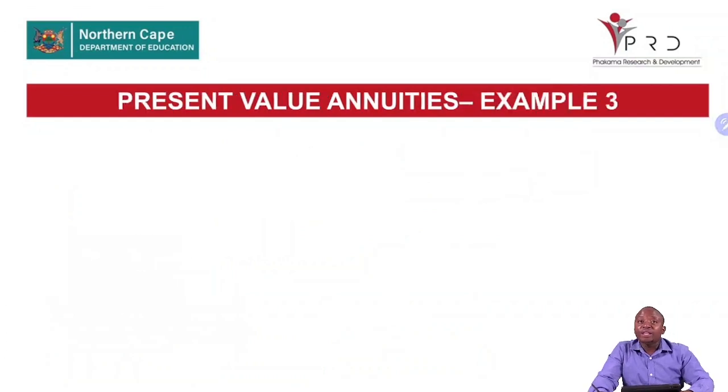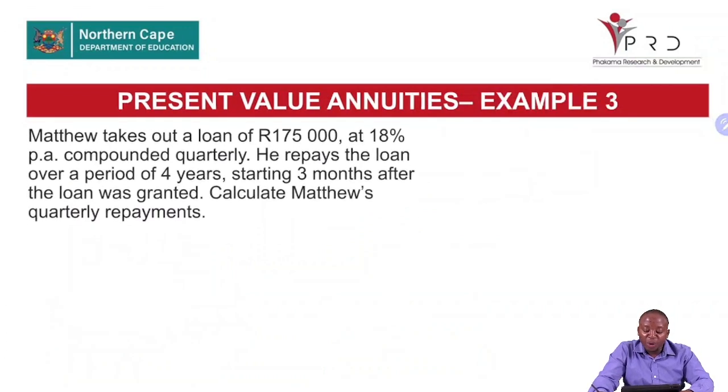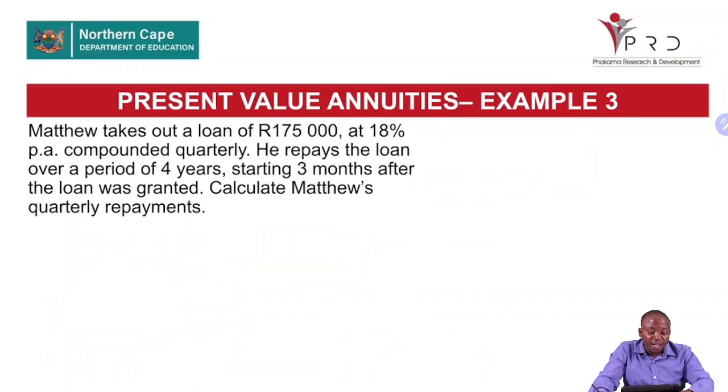Now, let us look at the example on the present value annuities. We are told that Matthew takes out a loan of 175,000 at 18% per annum compounded quarterly. He repays the loan over the period of 4 years, starting 3 months after the loan was granted. Calculate Matthew's quarterly repayments.